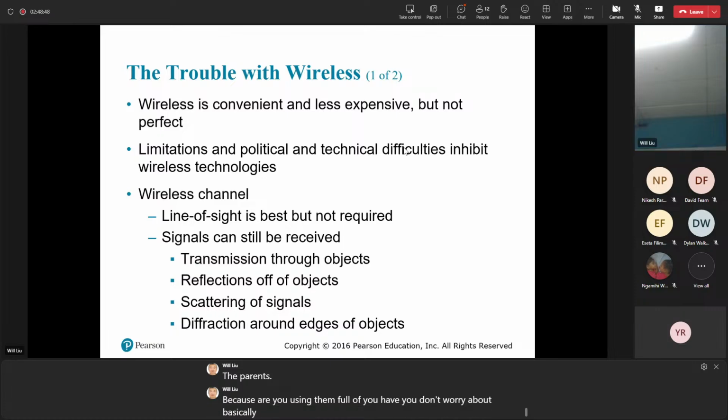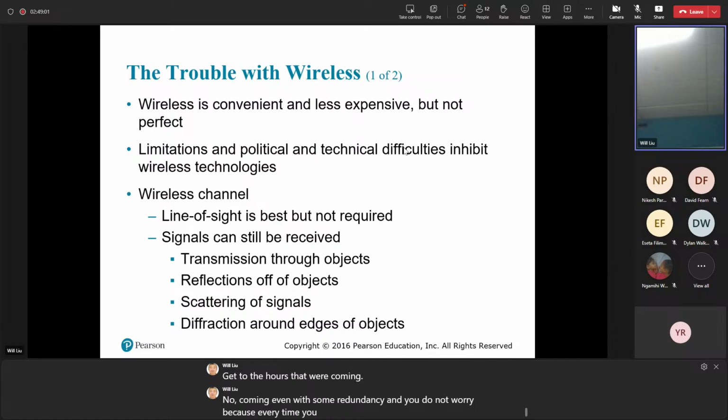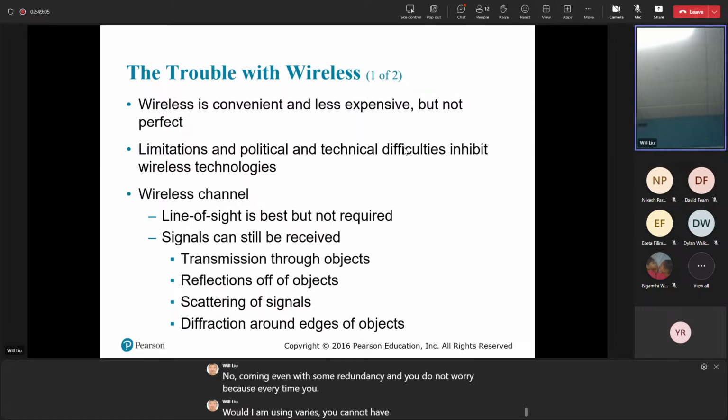Basically, your PC is always connected. So the algorithm can be complex, can even have some redundancy, and you don't worry because every time you connect to the wireless.